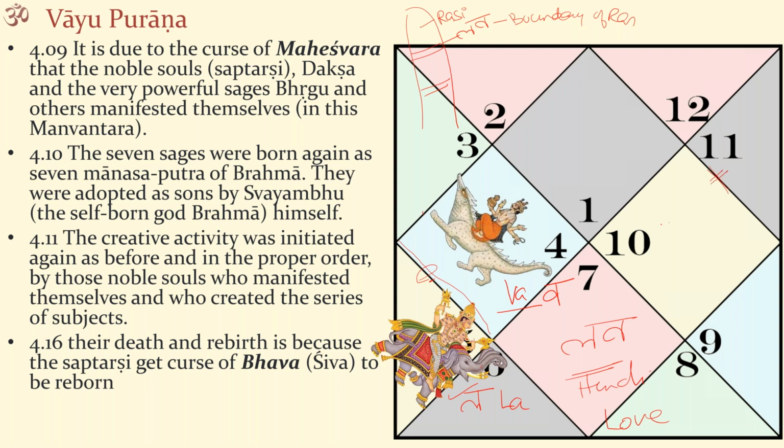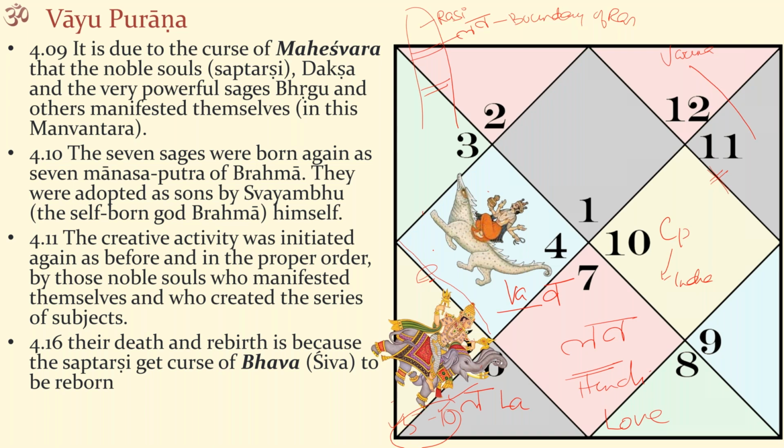So Capricorn belongs to Indra, whereas Aquarius belongs to Varuna. So Leo and Capricorn, that is 5 and 10, are the starting point and the ending point of Indra, whereas 11 to 4 are the starting and ending points of Varuna.